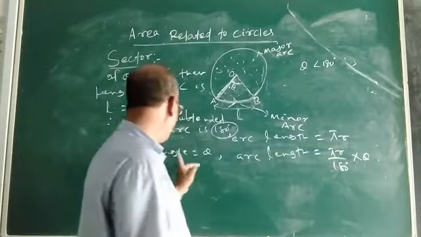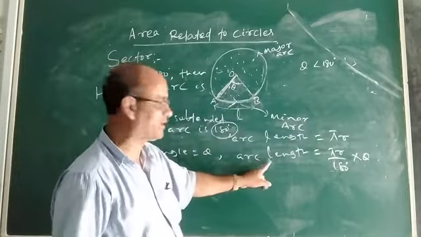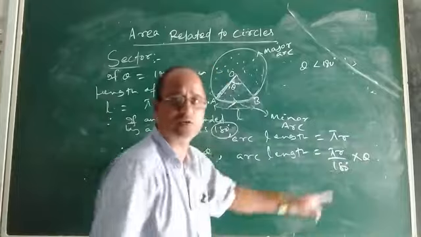Now, if the angle subtended by the arc at the center is theta, then what will be the arc length? It is no doubt pi r by 180 into theta. So this is the formula.